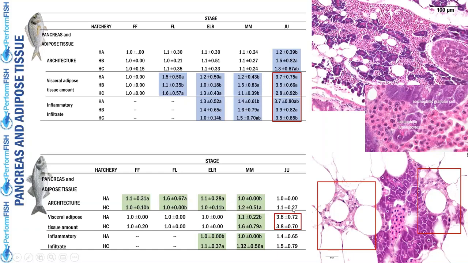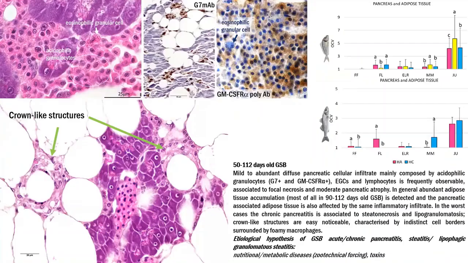This lesion, in our opinion, steatitis with the presence of crown-like structures in the adipose tissue, is an important quality indicator to take into account to improve food management and consequently fish health.